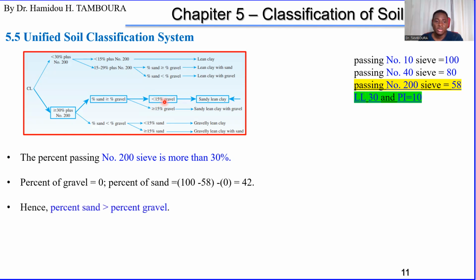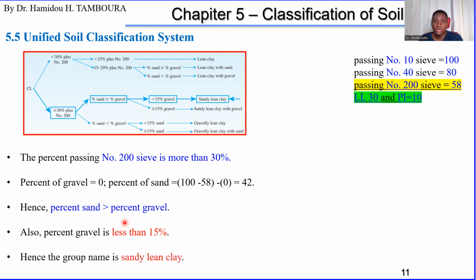So our soil is sandy lean clay. This is the group name. The group symbol is CL. And the group name is sandy lean clay.